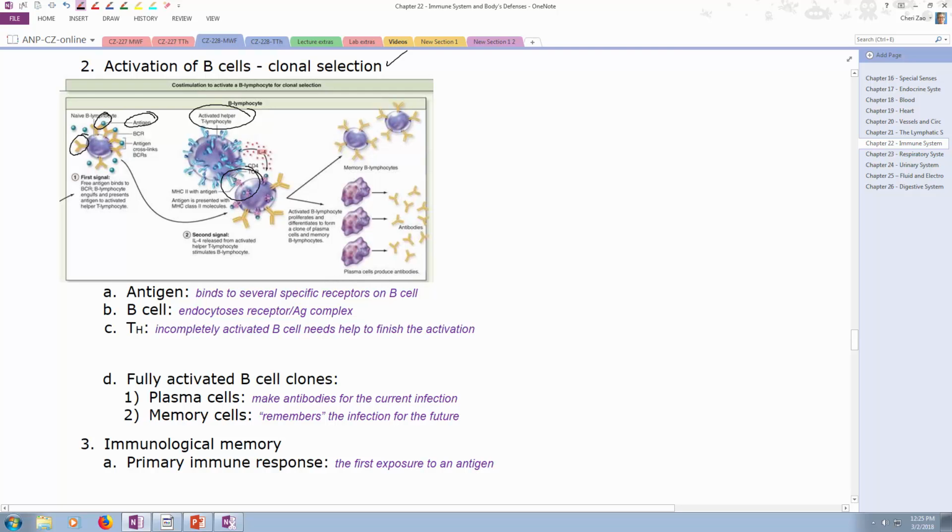This is all the monoclonal aspect of things. So now this helper cell is doing the second part of the activation of the B cell process, presentation and co-stimulation. And the helper cell will then co-stimulate that B cell to then do the next thing, which is always clone.